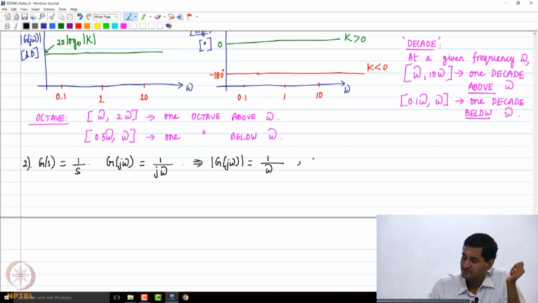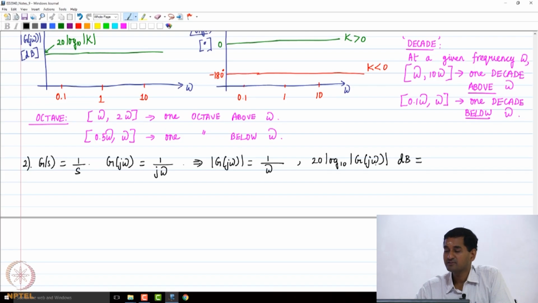So, this implies that 20 log to the base 10 of the magnitude of g of j omega in decibels is going to be 20 log to the base 10 of 1 by omega. What is log of 1 by omega to the base 10? It is minus log omega, right. So, we are going to get minus 20 log to the base 10 omega.